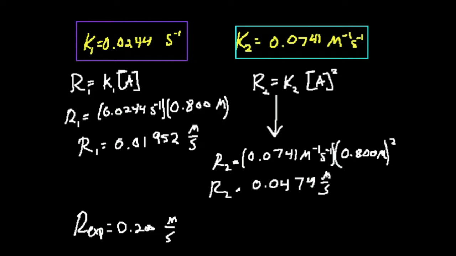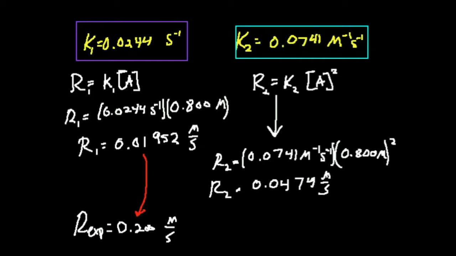Alright, so what I'm going to do is look at these two rates. Assuming it's either first or second order, which one of these mechanisms is it most likely to be? Well, you look at the first order and you say 0.1952, that's pretty close to 0.2. But 0.0474, that's over twice the observed rate. The observed rate was 0.2, and this is over twice that.